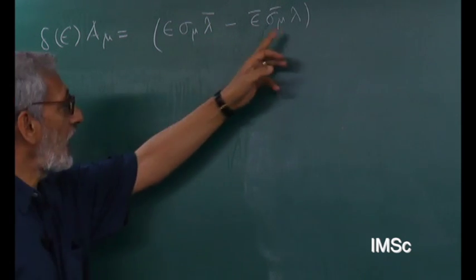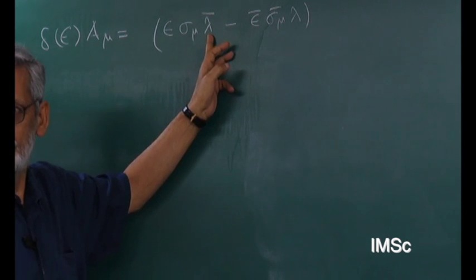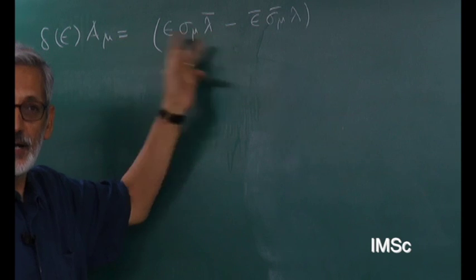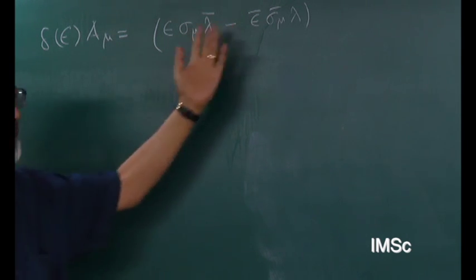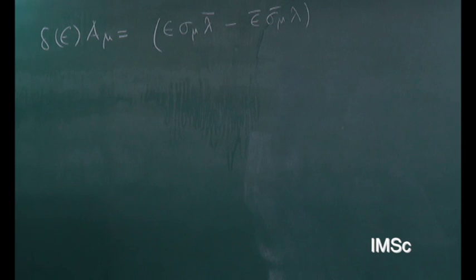So it contains both lambda and lambda bar, which means unlike chiral supermultiplets, which transformed only under one type of supersymmetry, either Q or Q bar for antichiral, this will transform under both Q and Q bar. And this is real.